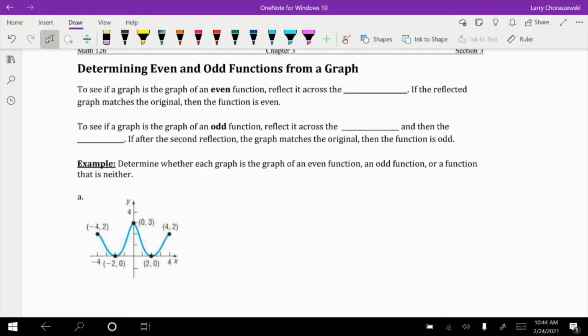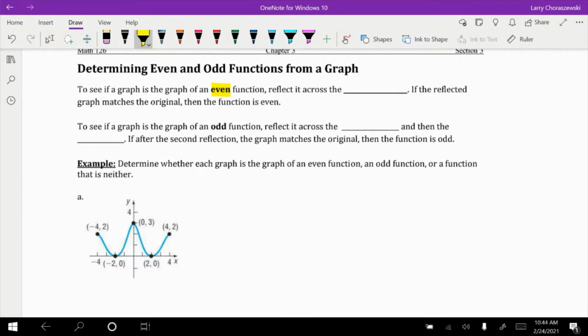So to test if a graph is the graph of an even function, and this is the appropriate thing to do when your graph is provided but maybe you don't have any ordered pairs listed out for you. Unlike part A, we can probably get a sense of what kind of function this is based on ordered pairs.